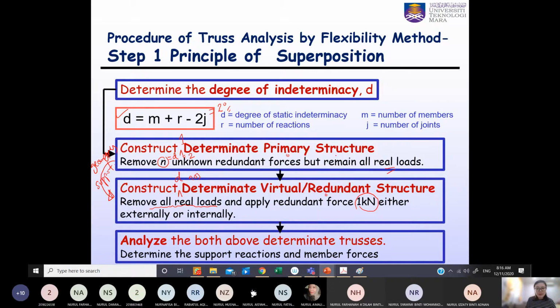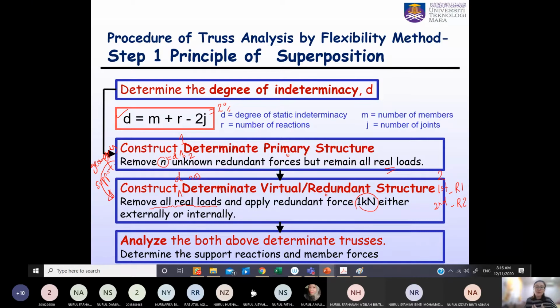So now for redundant structure number 1, you now have two redundant structures, right? For the first one, you apply back the redundant force number 1 with this 1 unit force. For the second redundant structure, you apply back the redundant force number 2 with this 1 unit force.